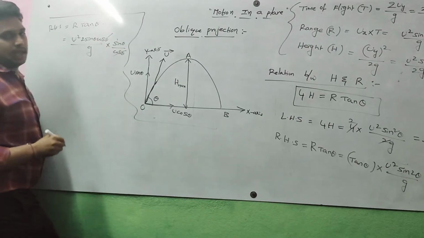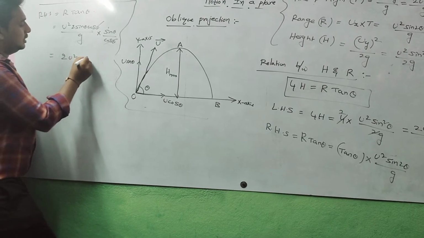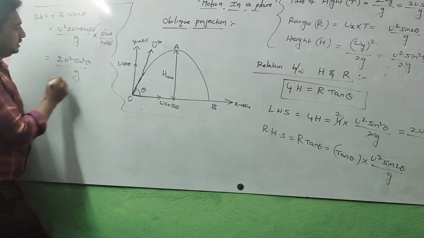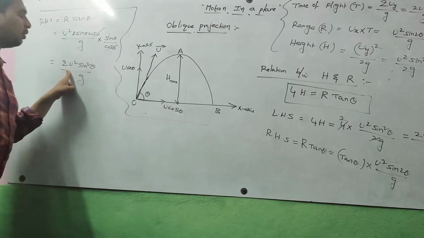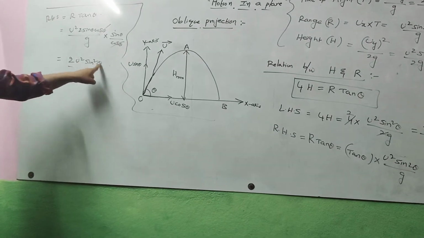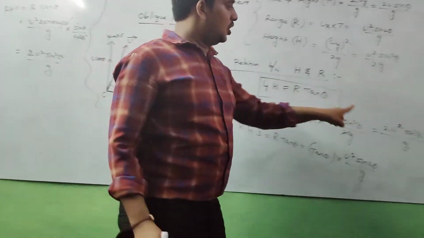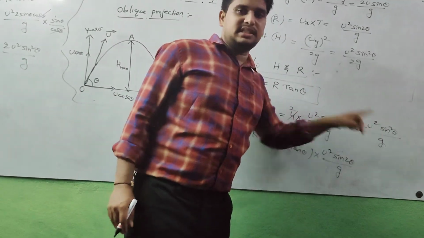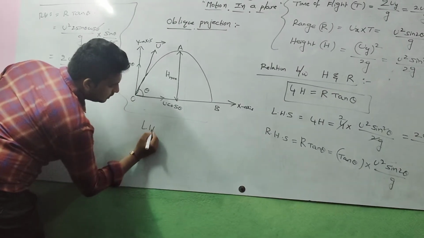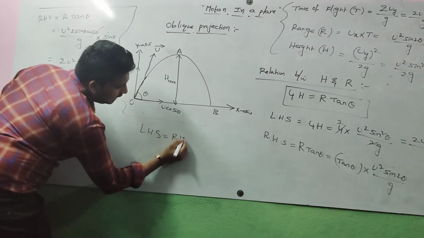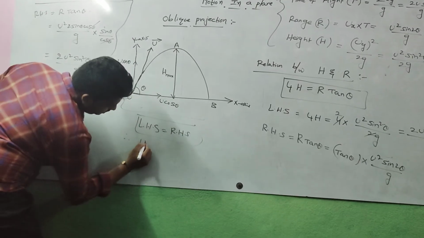Cos theta cancels. We get 2u square sin square theta by g. So RHS is 2u square sin square theta by g, and LHS is 2u square sin square theta by g. In both cases LHS is equal to RHS. Therefore, hence proved.